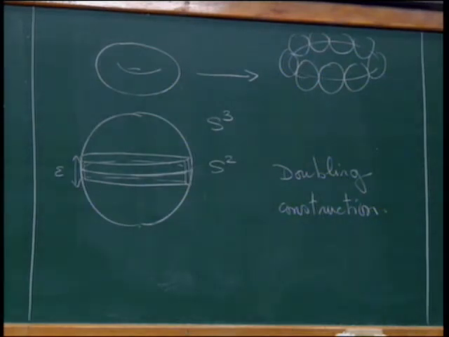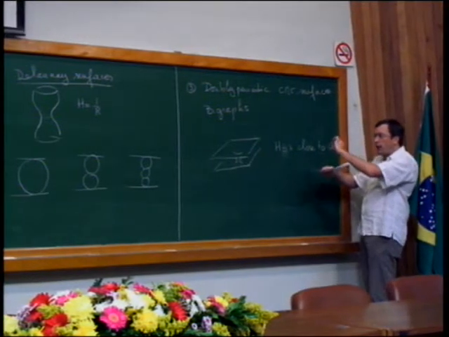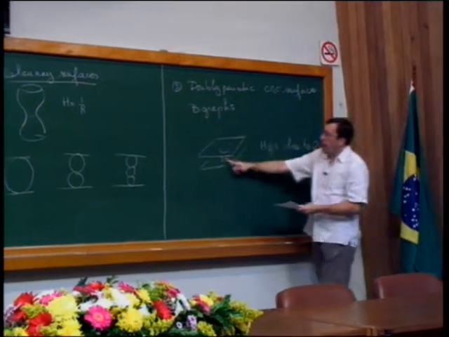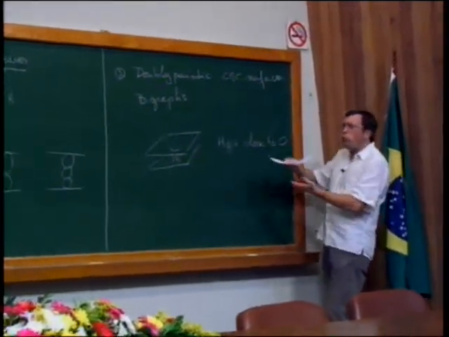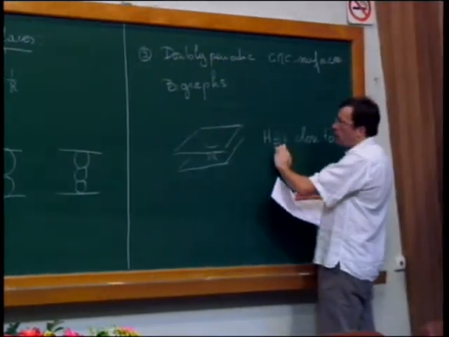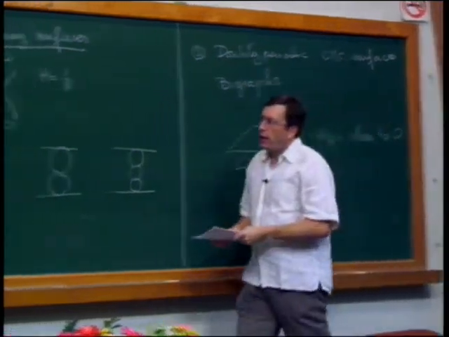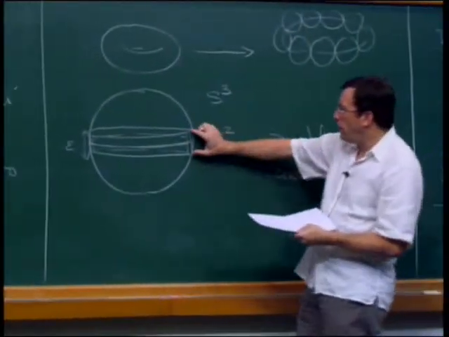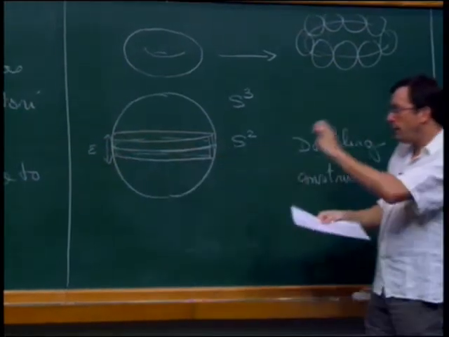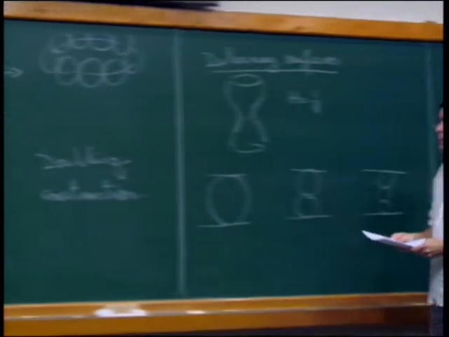Here I've tried to explain that in the flat 3 torus, what you could do is start with 2 tori which are flat and perform a connected sum between them at one point and produce a new constant mean curvature surface. So when epsilon tends to 0, this family converges to 2 copies of the flat torus, and here as the height epsilon tends to 0, this converges to 2 copies of the equator S2.